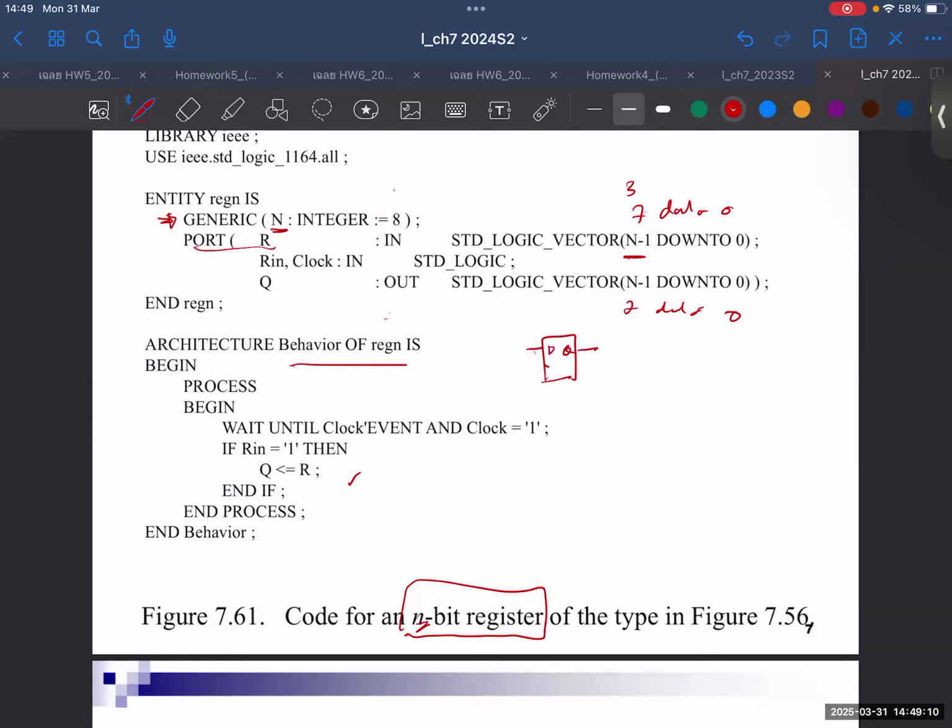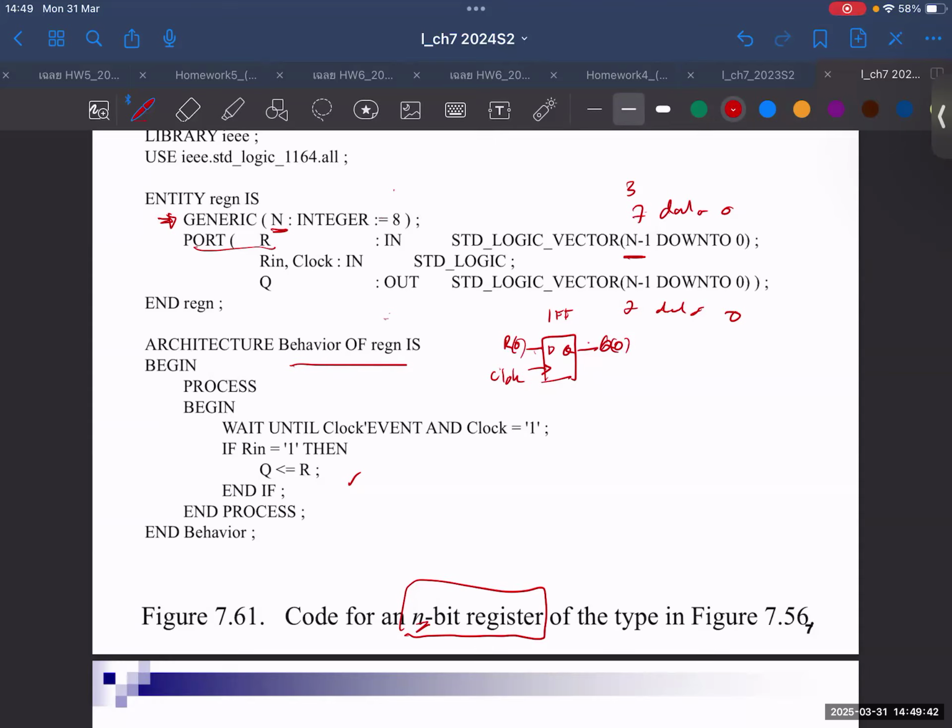If you want to generate 1 bit, for example, if you have this one bit, D and Q with the clock, this is 1 flip-flop, right? You can say R is the input with the clock, and Q is the output. That's 1 bit. But if you have 8 bits, you don't have to write, for example, R0 out to Q0.